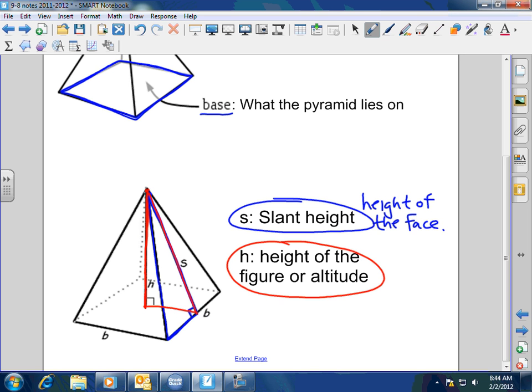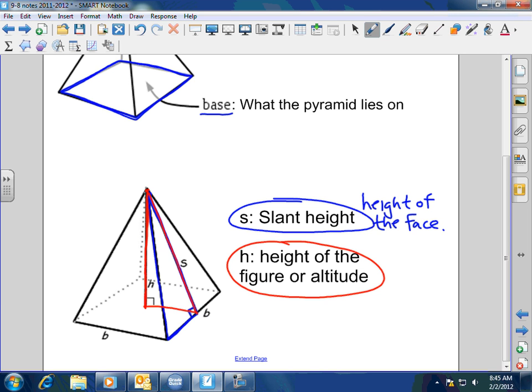You had a question? Yes, sir. Is slant height always going to be an altitude? No. The terminology is a little bit weird there. The slant height does create a right angle. It is perpendicular to the base, but it is not an altitude because the altitude is the true vertical height. But yes, in essence, it is an altitude because it creates a 90, my brother.